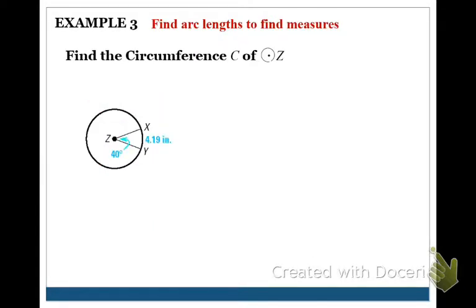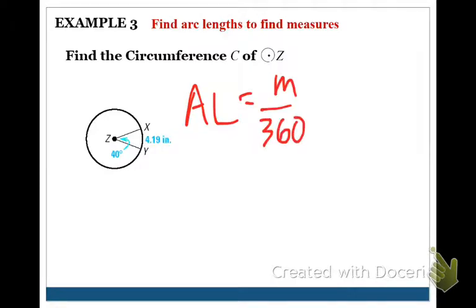All right, now, a little bit different here. They want us to find the circumference of Z, and we know the arc length. It's still a matter of writing the formula: arc length equals m over 360 times 2 pi r, right?